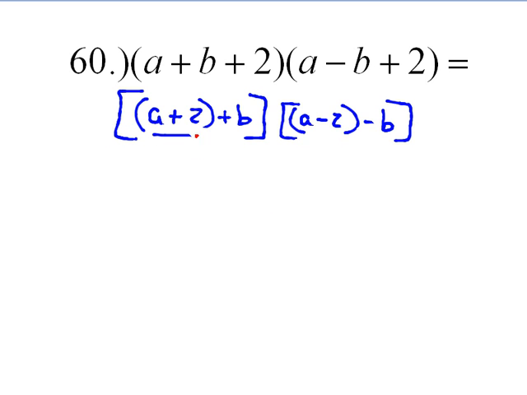What do we have here? I'm sorry, that's a plus 2. These are the same. So we can rewrite this as a plus 2 squared minus b squared.